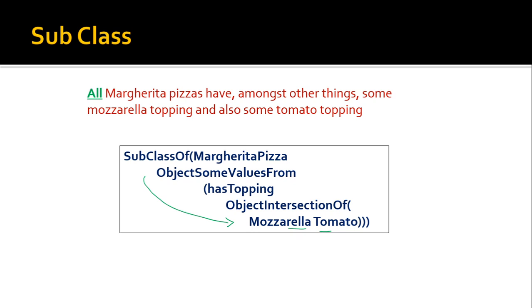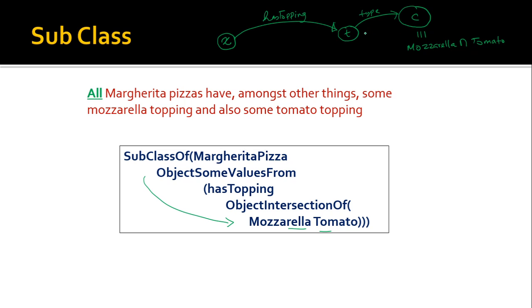Now what will that mean? So you have something X, and it has hasTopping, which is basically, say, Y or say T, right? And what is T? T belongs to some class which is equivalent to the intersection of mozzarella and tomato.